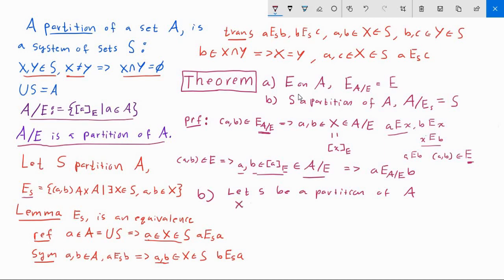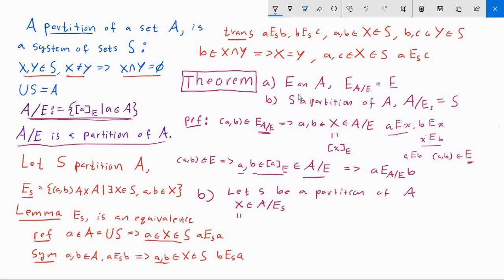To prove part B, we let S be a partition of A. And let us suppose that we have some set X belonging to the partition A mod E sub S. Our goal is to show that this belongs to S itself. Well, again, A mod E is a set of equivalence classes.